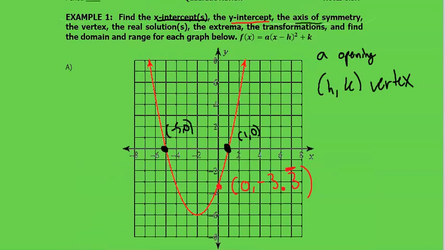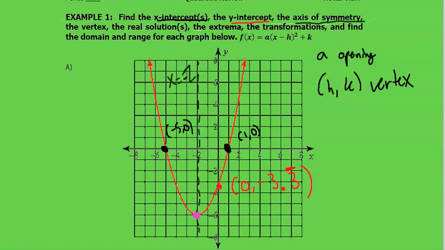The axis of symmetry is the line that goes through the vertex. That line is at x equals -2. And then the vertex, that'll be h comma k.